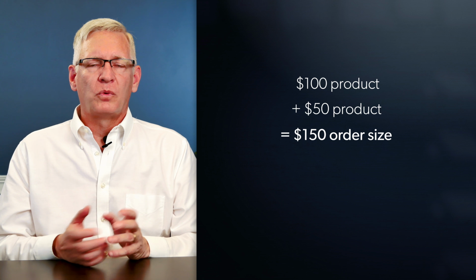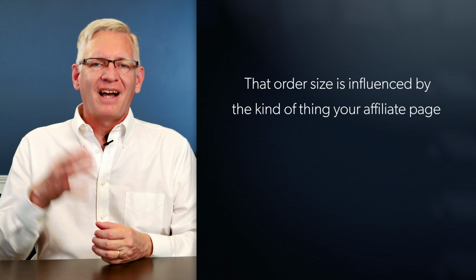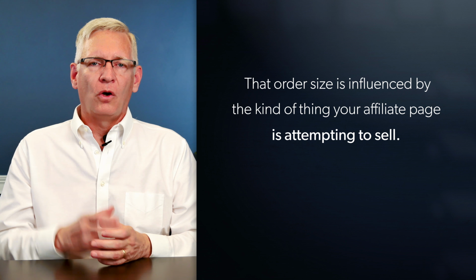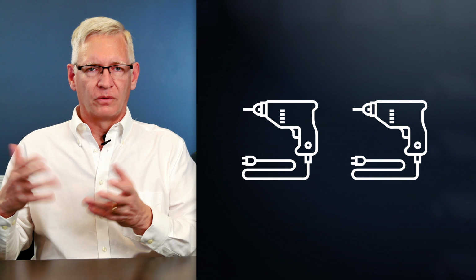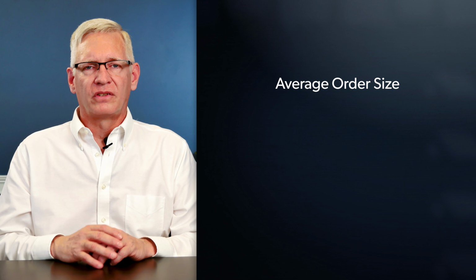Of course, people will have different order sizes, and that order size is influenced by the kind of thing your affiliate page is attempting to sell. It's not wholly dependent on that, because somebody might buy the drill, but then they might buy a drill bit, which is a lot lesser priced, or somebody might buy 2 drills. So you end up with an average order size that becomes part of this equation.